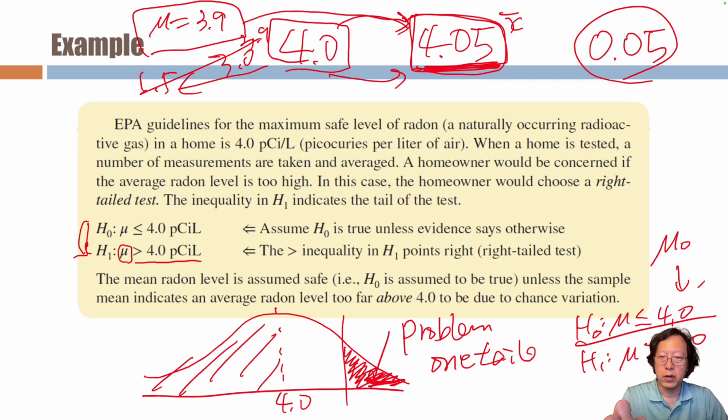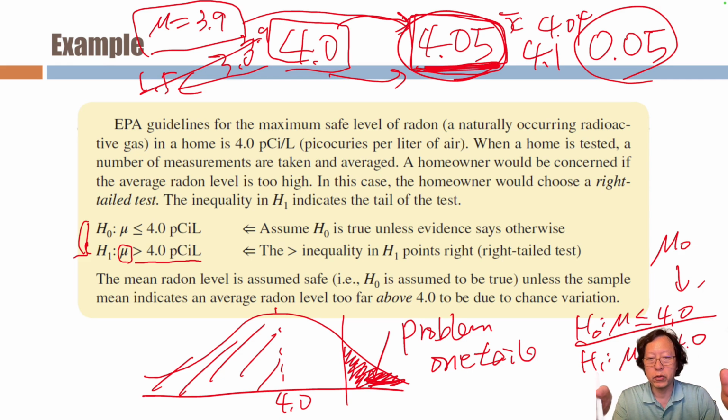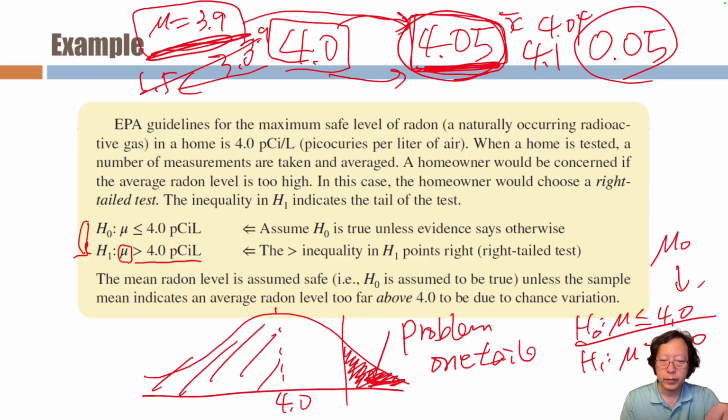So now, is it large enough? It depends on the standard deviation. If this is not large enough, how about 4.1? How about 4.04? So we will make a statistical conclusion about whether our population mean is actually greater than 4.0 or not.